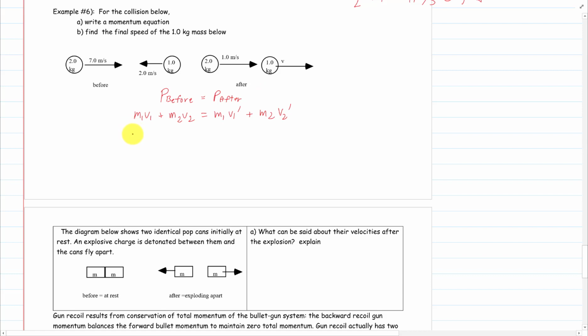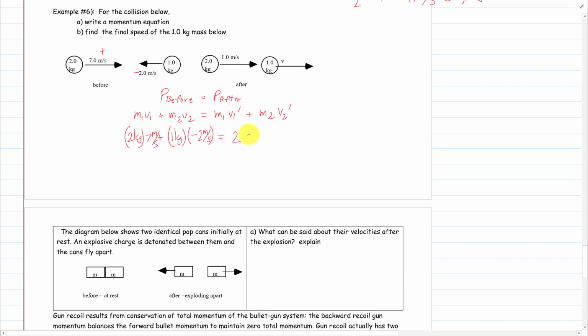So the mass of number 1 is 2 kg times a velocity of 7. We're going to use this as positive velocity, and this is going to be a negative velocity, because it's all vectors, it matters. 1 kg and negative 2 meters per second.